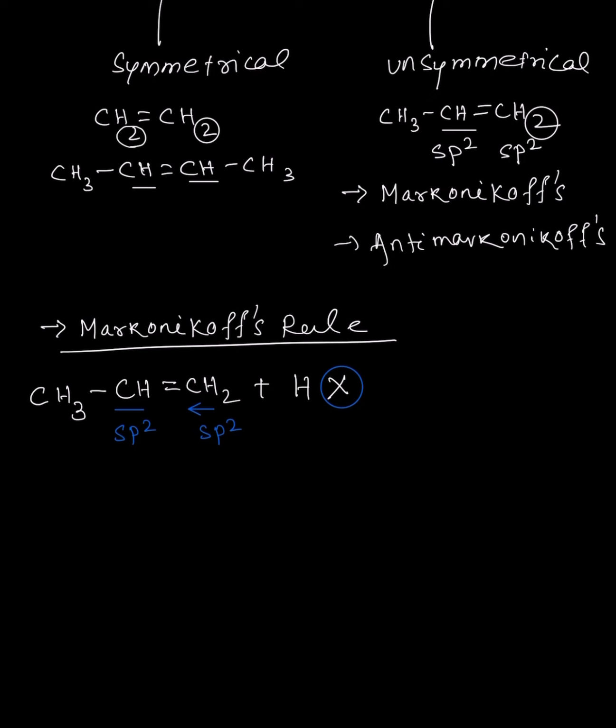So according to the rule, the halide ion or halogen atom will attack the sp2 hybridized carbon containing less number of hydrogen atoms. This carbon contains one hydrogen, so it will attack here. So our product becomes 2-chloropropane. Always remember, the side where halogen attacks, the opposite side will be attacked by hydrogen atom.